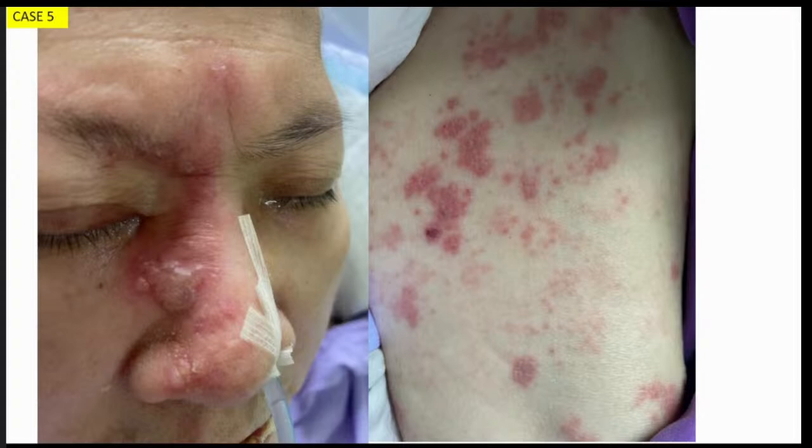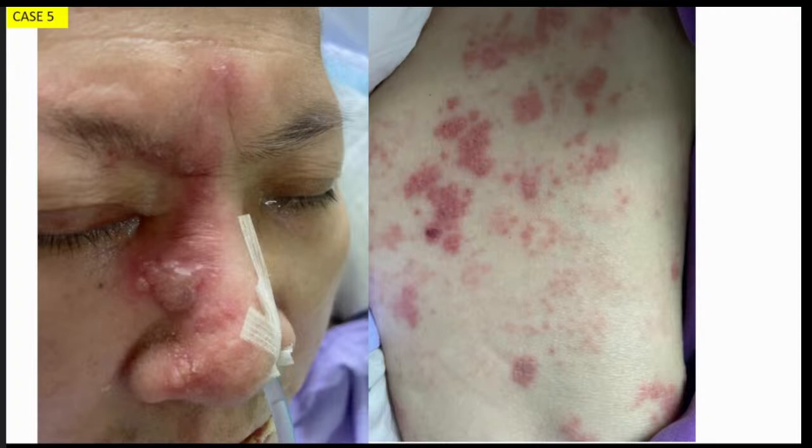On inspection of her back, there are multiple erythematous patches with ill-defined borders. I would advise using the word grouped vesicles. Grouped vesicles, okay.